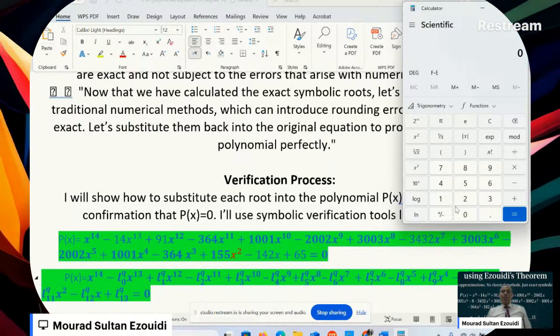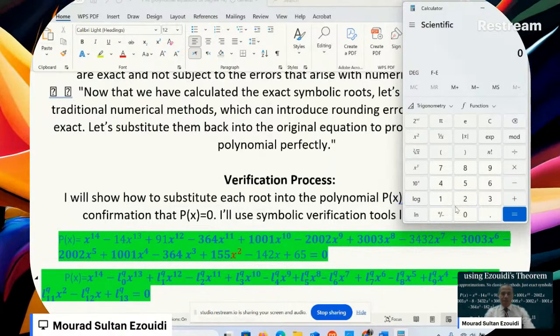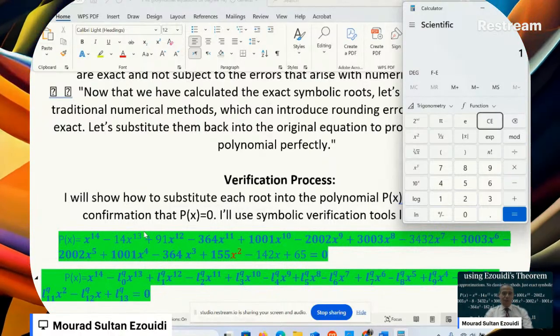So I will make 1, because 1 raised to the power 14.